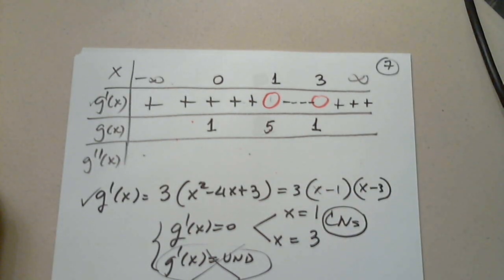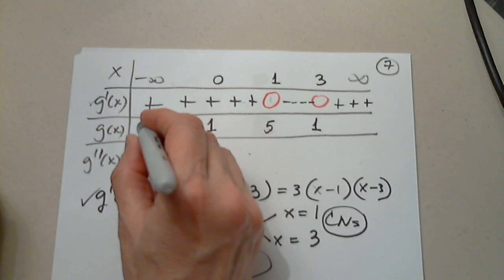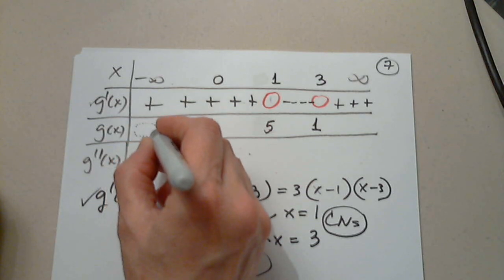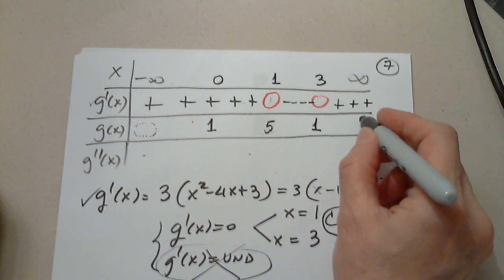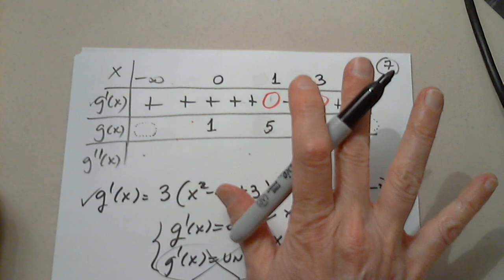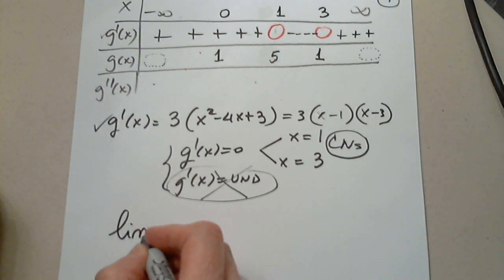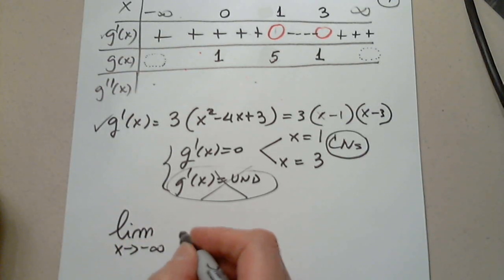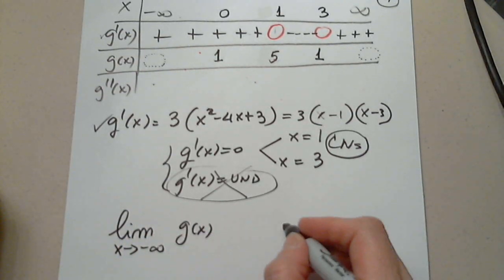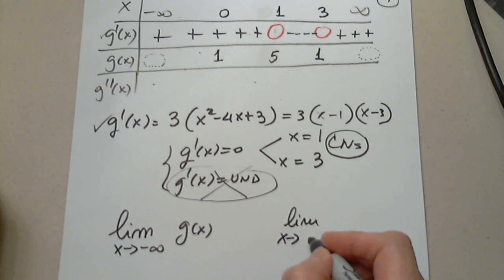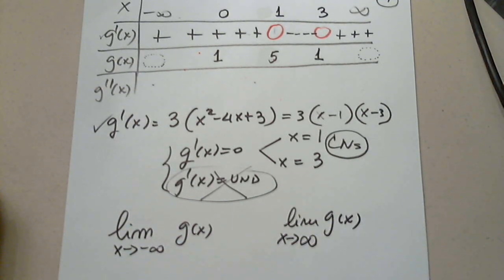One thing we have to add to the table. Something here. And something here. What does that mean? Well, our best friend, the limit as x approaches negative infinity of g of x, and the limit as x approaches infinity of g of x.